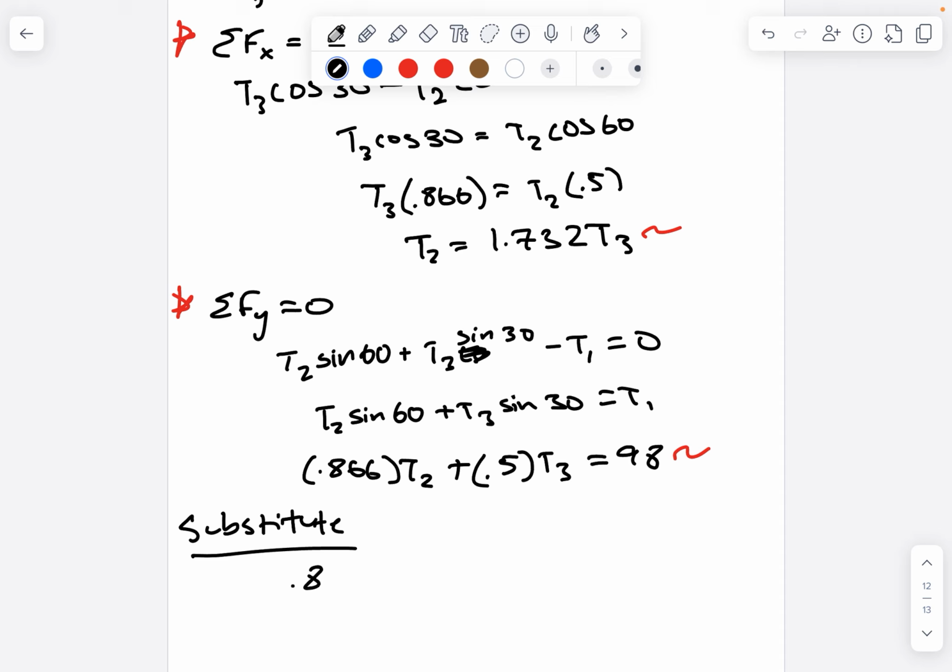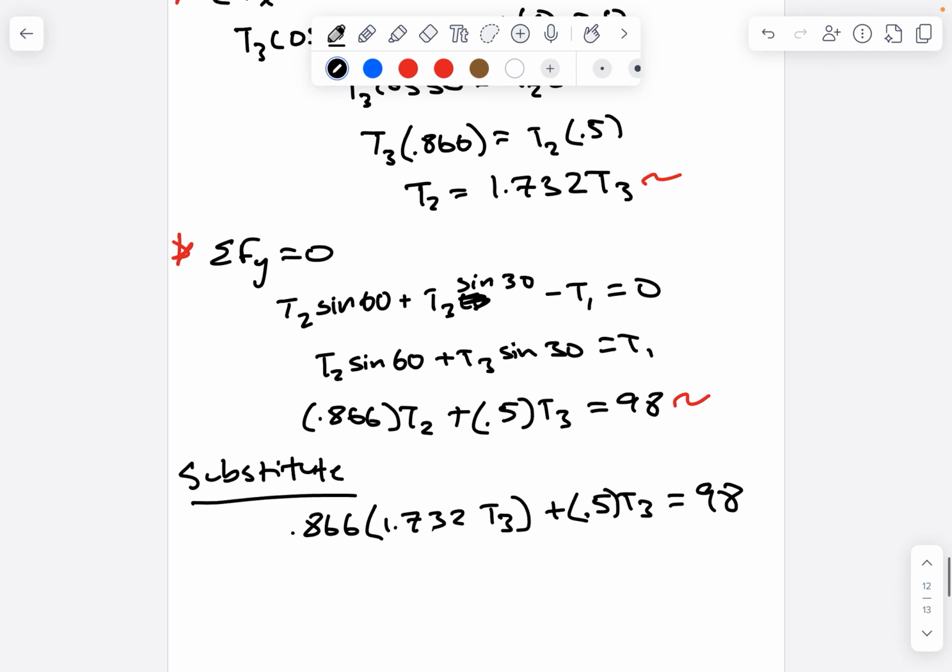So we get 0.866 times 1.732 T3 plus 0.5 T3 is equal to 98. Using algebra and combining like terms, I'm going to skip this step, but this comes out to be T3 is equal to 49 newtons.